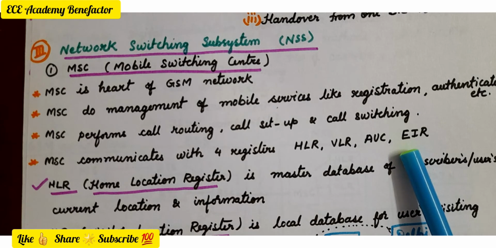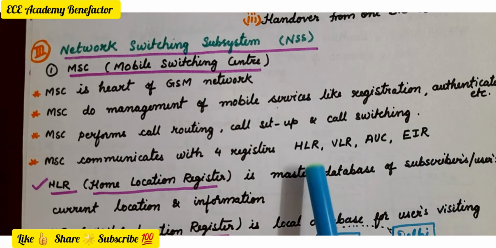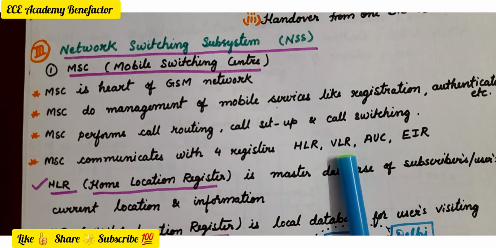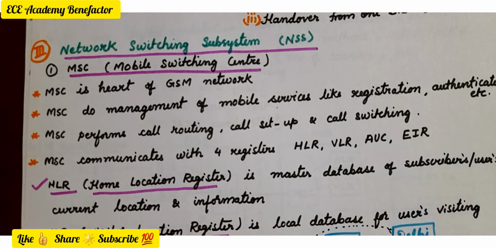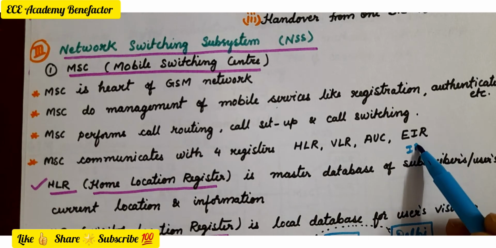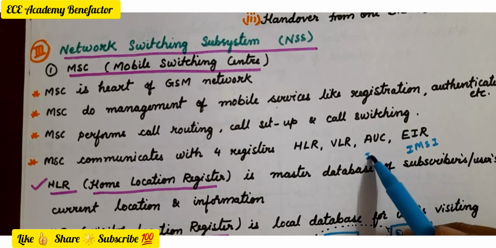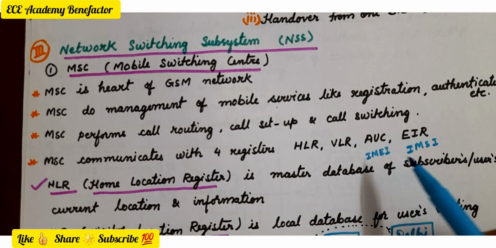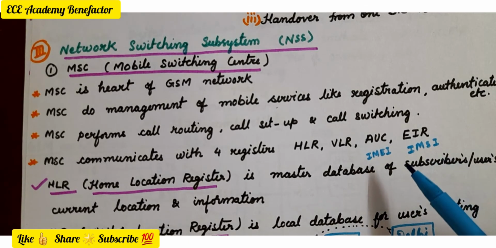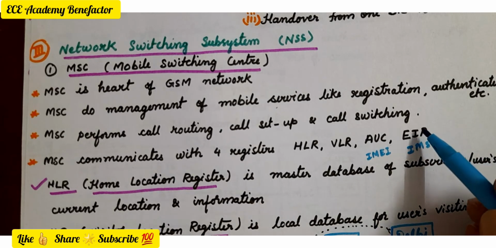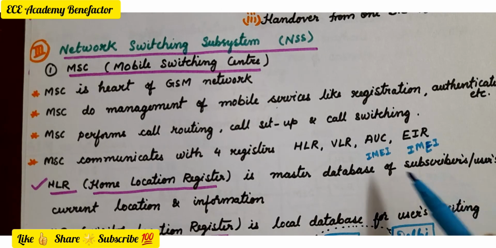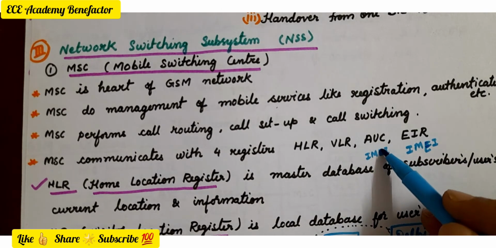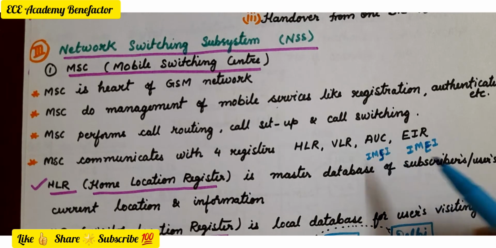So, master database, local database, and the database containing all IMEI numbers. EIR will contain IMEI, this is IMEI; IMSI is different. EIR is about equipment, so it will have IMEI. AUC means authentication, so about the SIM card, so IMSI.